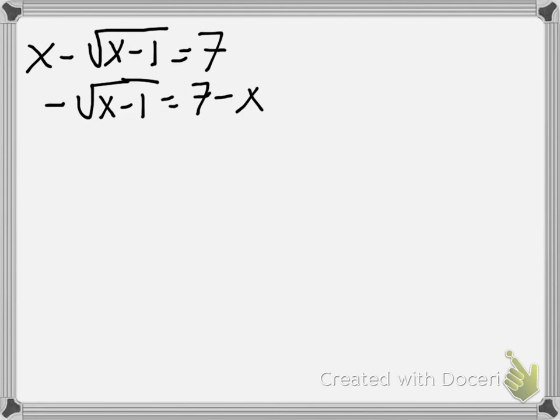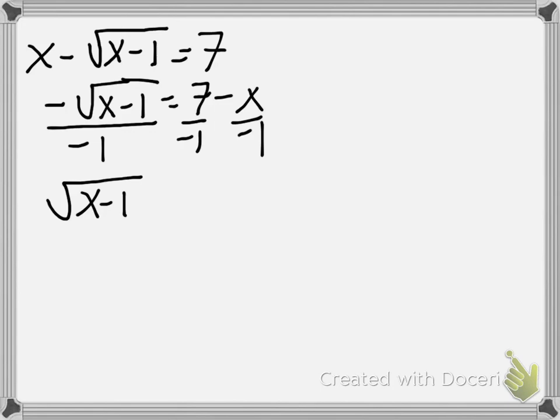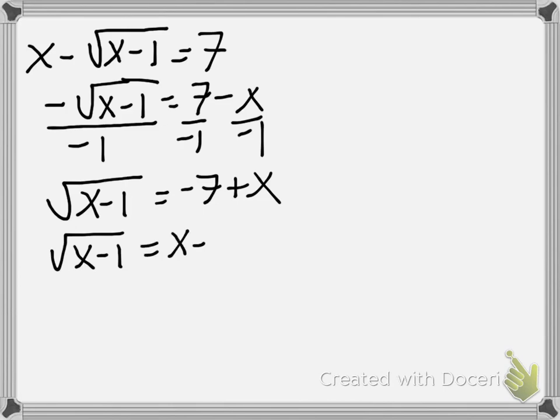I don't like this, so I'm going to divide everything by negative 1. So I now have the square root of x minus 1 is equal to negative 7 plus x. That's much better. Or I can even rewrite it as the square root of x minus 1 is equal to x minus 7.